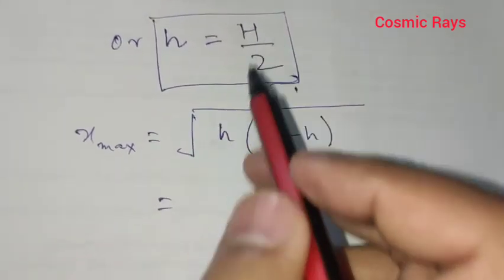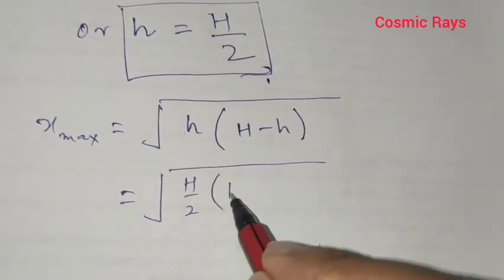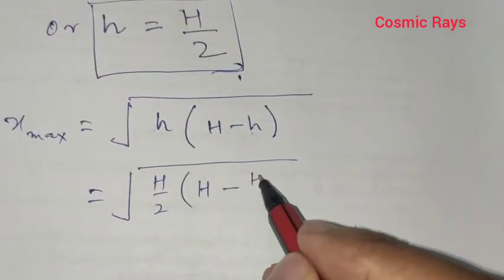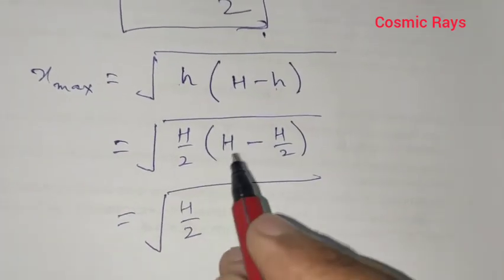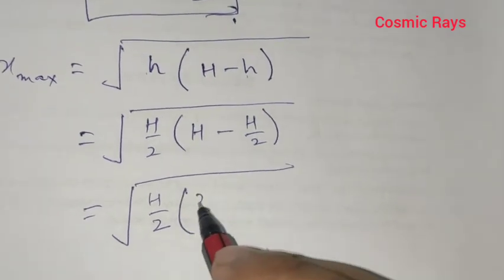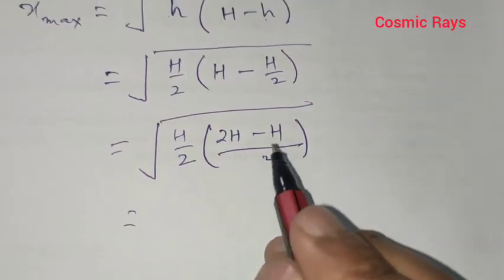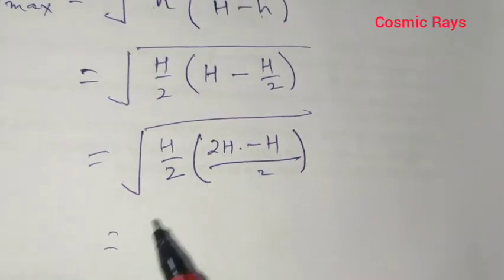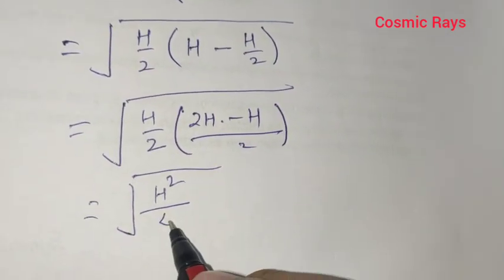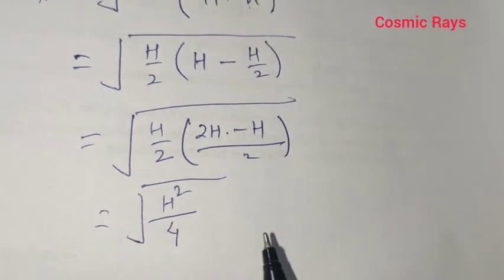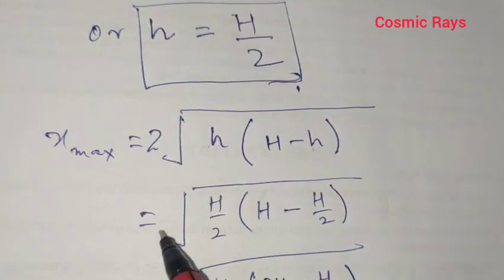So we substitute this value here, so we get root over, instead of this h we have H upon 2 multiplied by H minus this h, which we also substitute as H upon 2, so we have H upon 2. Here we take LCM and we have 2H minus H upon 2. So 2H minus H is H, into H is H square, and 2 into 2 is 4. And we have a 2 here.